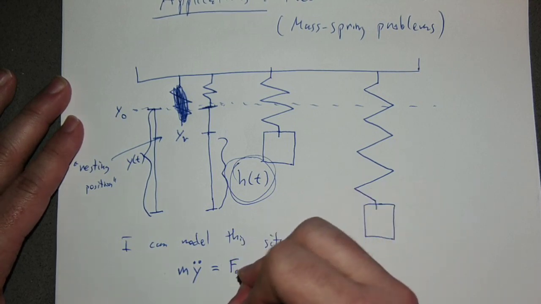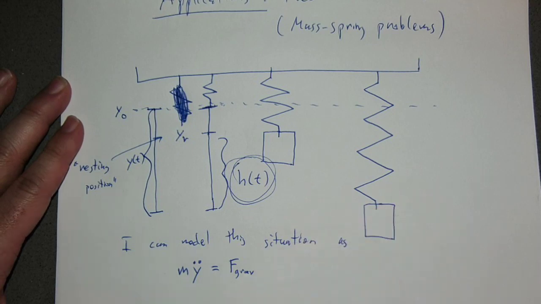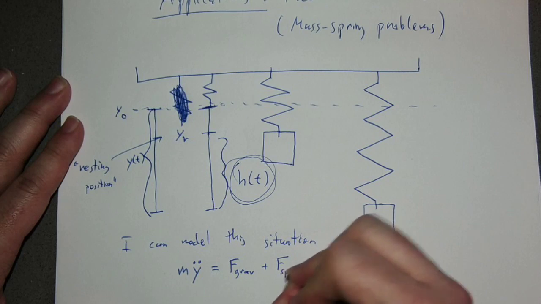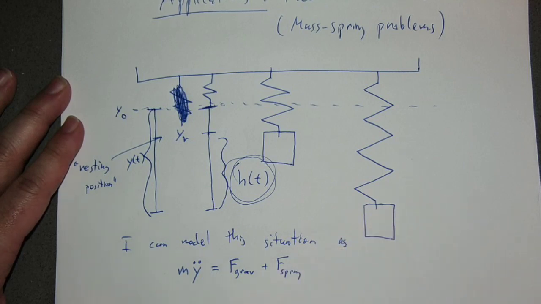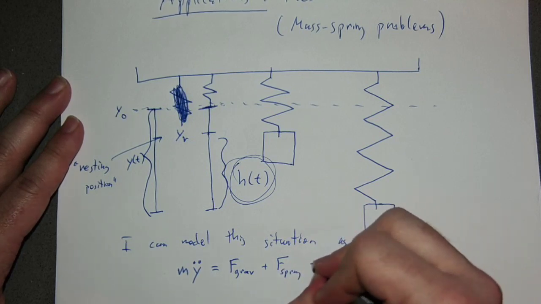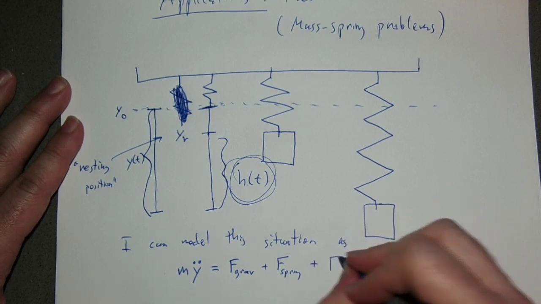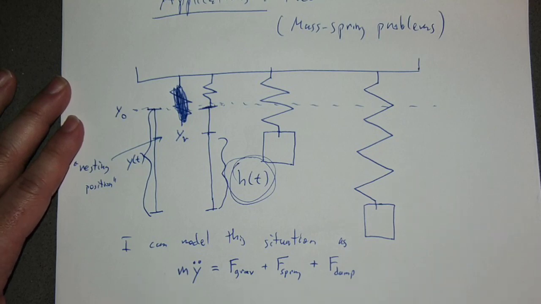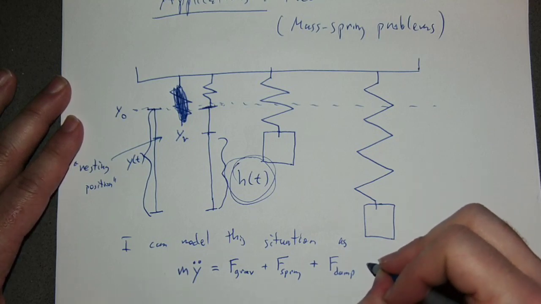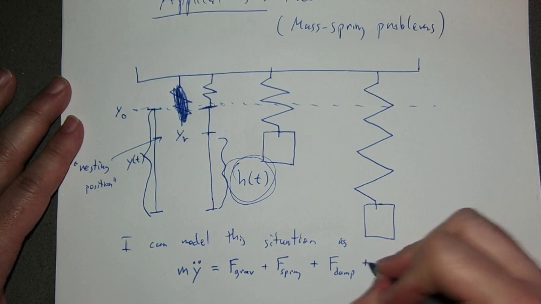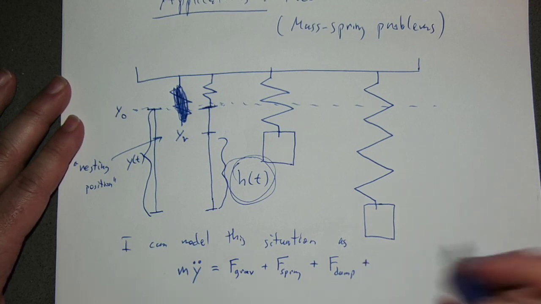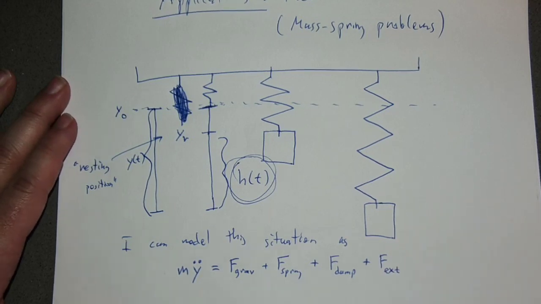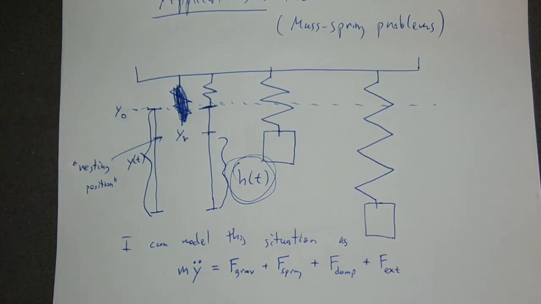So I have gravitational force plus spring force plus a damping force. Maybe my spring is in some kind of medium that is affecting this, and then an external force. So that's me running over with a baseball bat and whacking the mass, right?